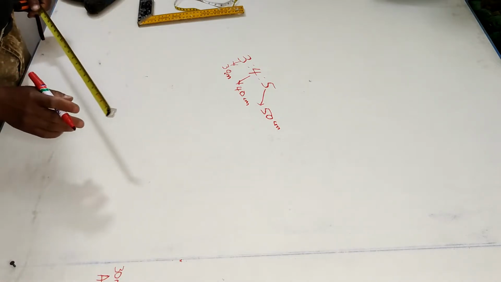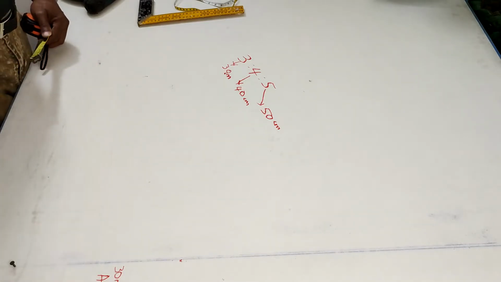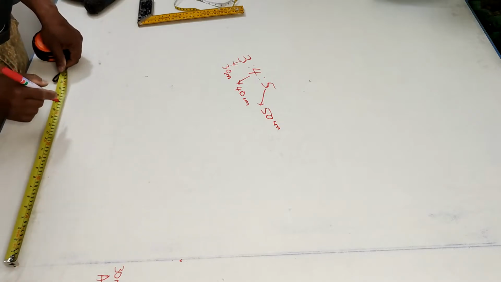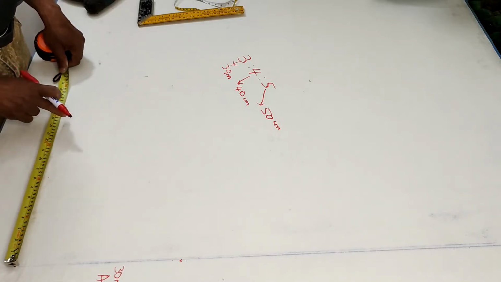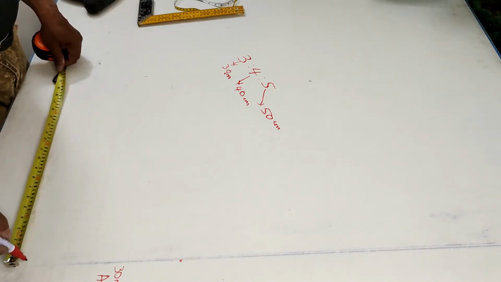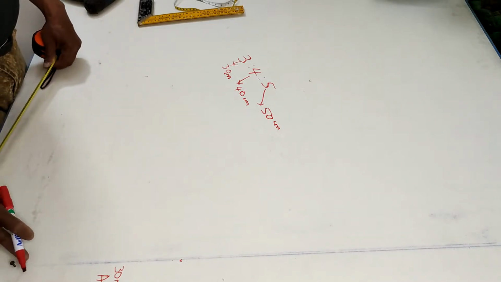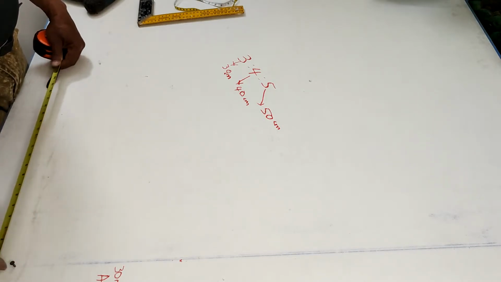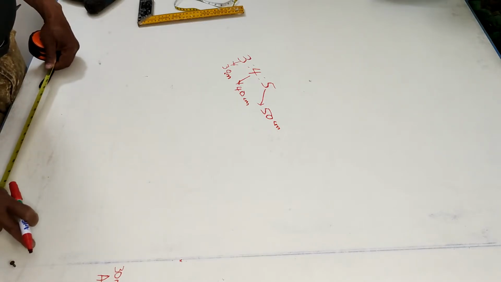Then I'm going to determine side B, which is going to be 40 centimeters. 40 centimeters is going to be somewhere here, but I'm not going to mark it now. Why? Because I want to determine this angle, which is the point that I'm looking for. This angle is my benchmark. That is where the right angle will be, and that is the most important thing.